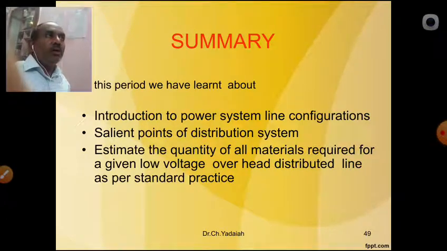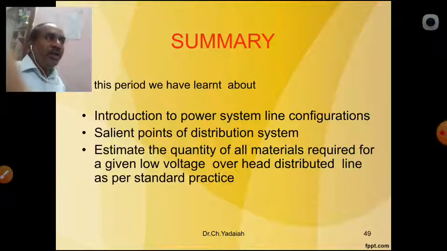Regarding the problem, it is given as a half kilometer LT line with vertical configuration. Based on the given length, we assumed a span of 50 meters.